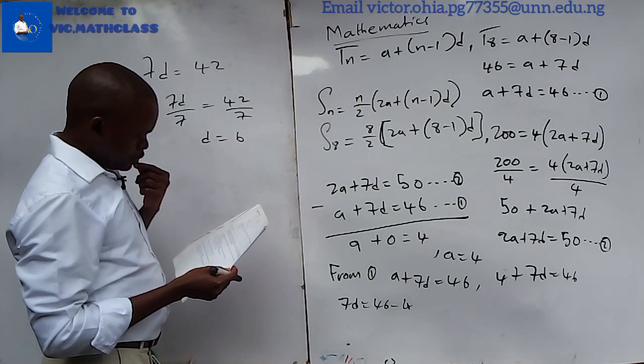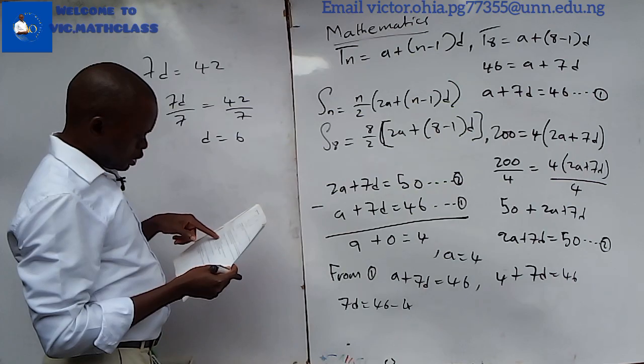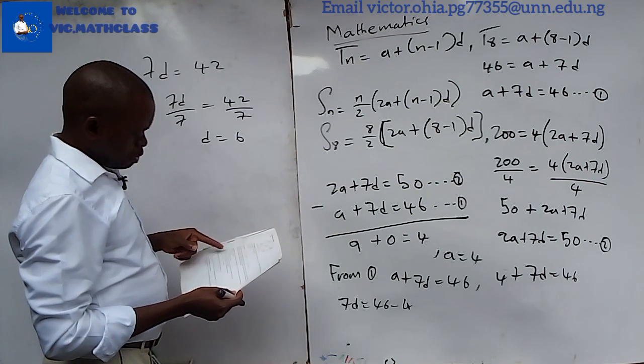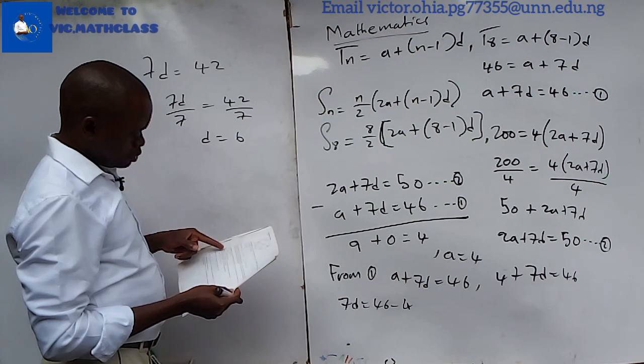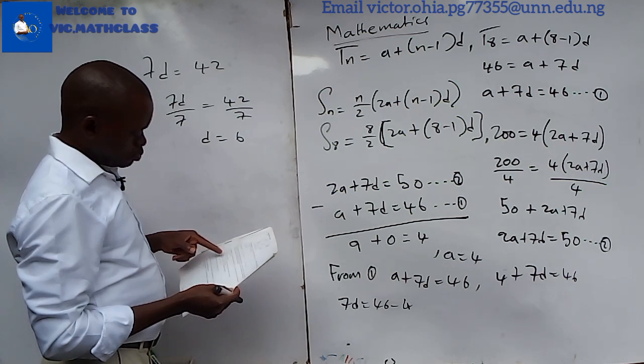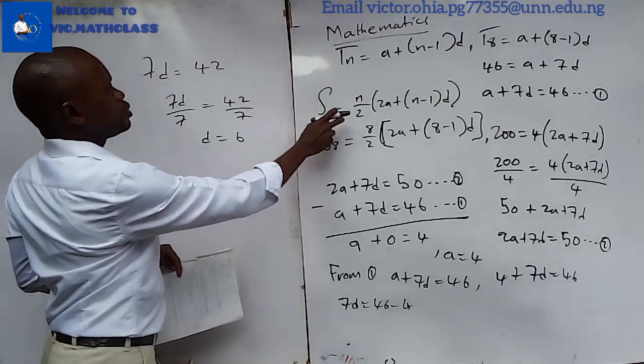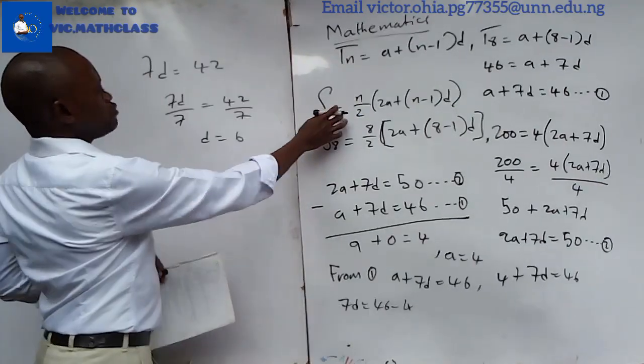And the next question they ask here is, we have been able to answer the first question that says calculate the first term. The sum of the first 12 terms. So if you come back here, you can use this now to find the sum of this.